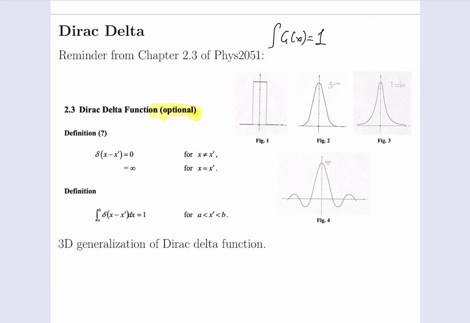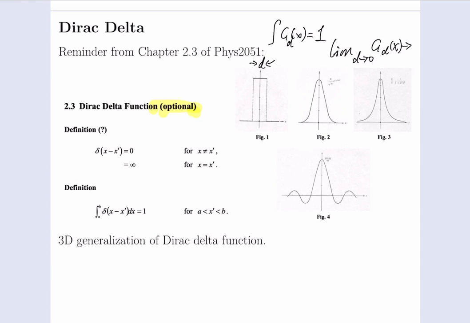But somehow we keep reducing the step width. Let's keep this width as d. Now we denote this g as a function of d and x. And if we take the limit of d going to 0, this g of d and x is going to be a strange function. So we call this a delta function.